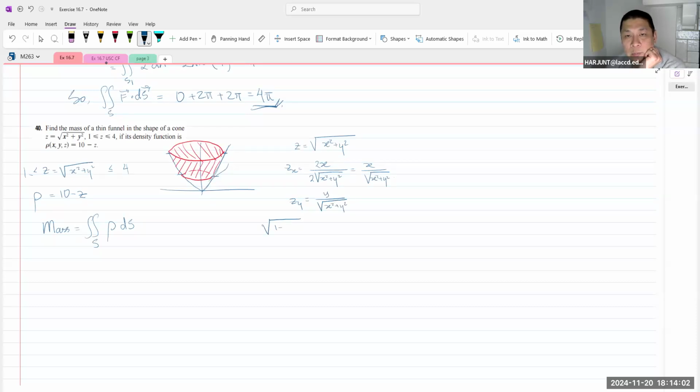So the square root of 1 plus z sub x squared plus z sub y squared will be the square root of 1 plus x squared over x squared plus y squared plus y squared over x squared plus y squared, that's just a 2, so square root of 2. Now the shadow of this funnel on the ground will give us, do you call that a donut? Right? A donut.